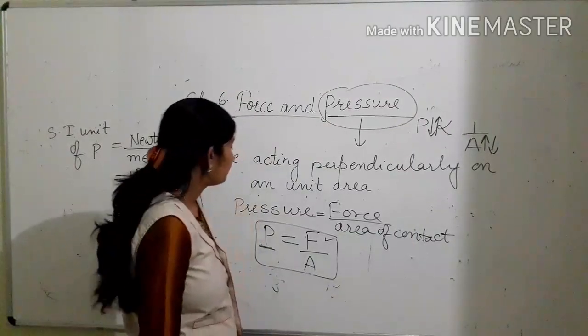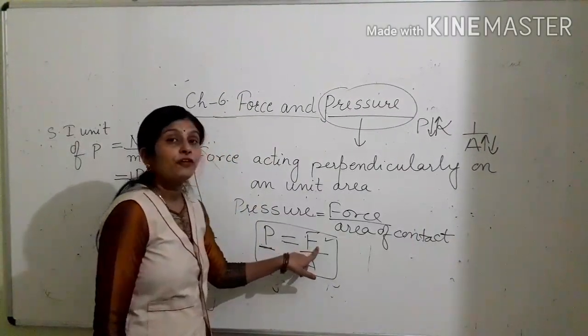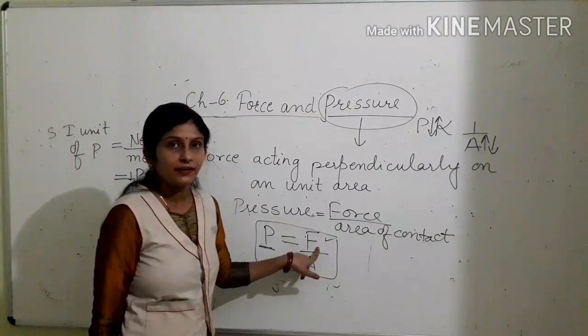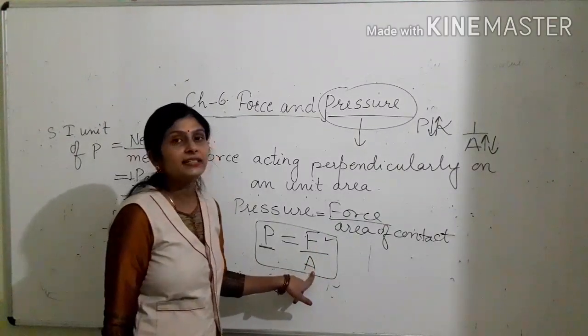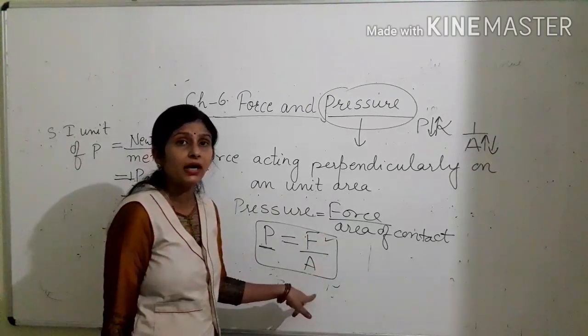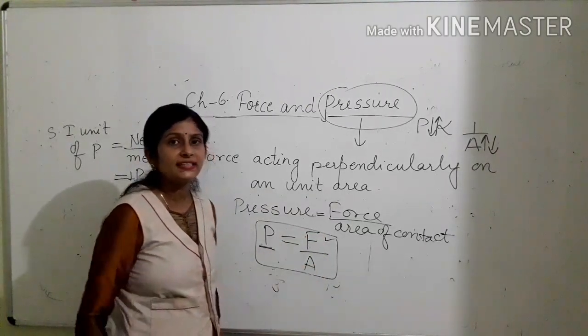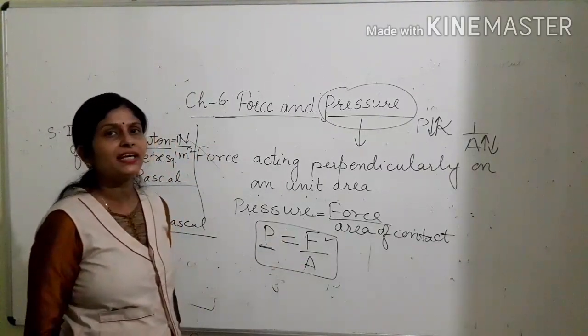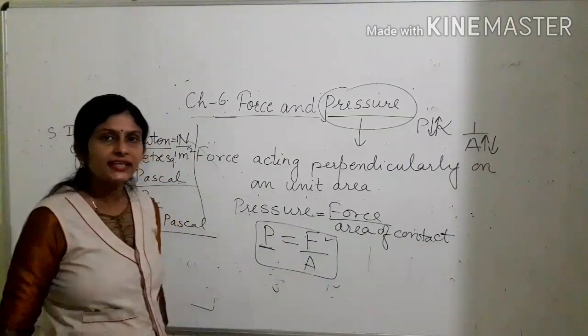Second point. If forces in both cases are different and the area is same, means different forces are acting on the same area in two or more cases, then pressure will not depend on area, because area is same in all the cases.